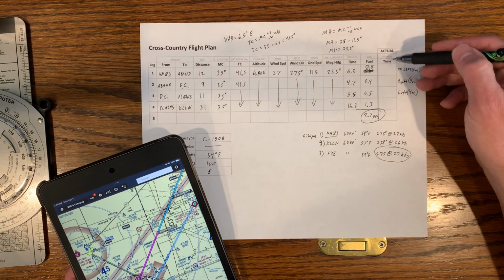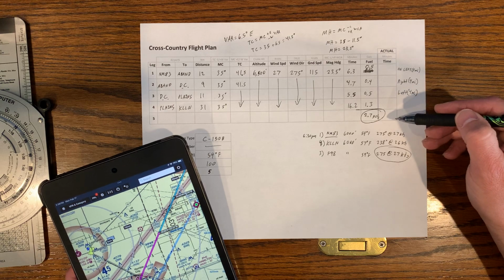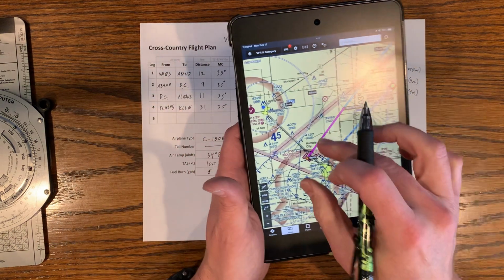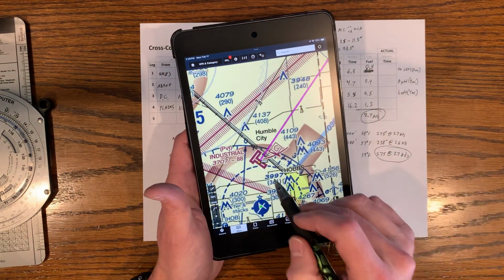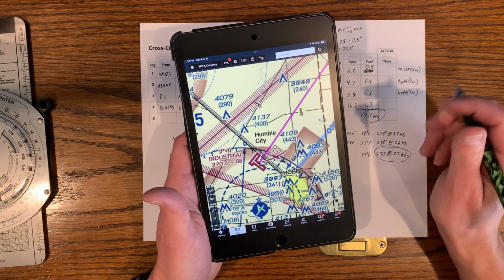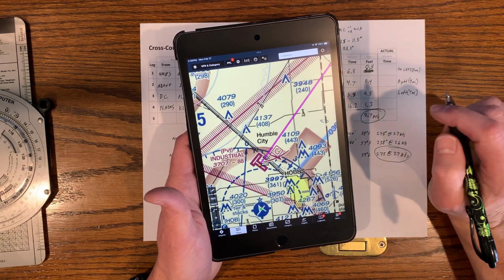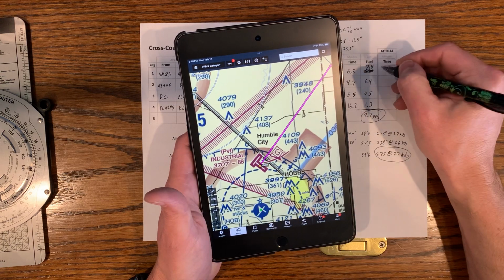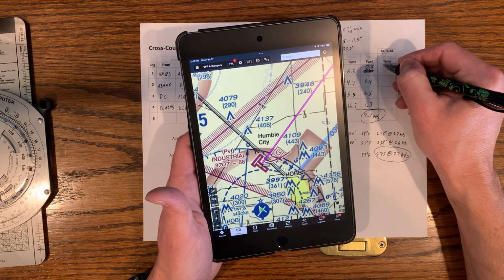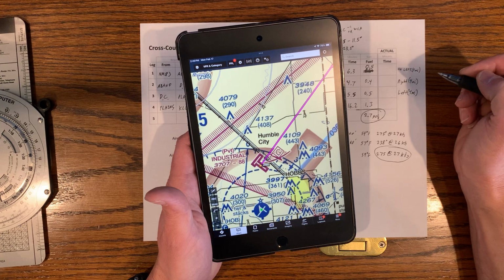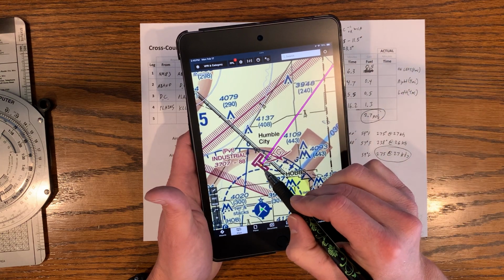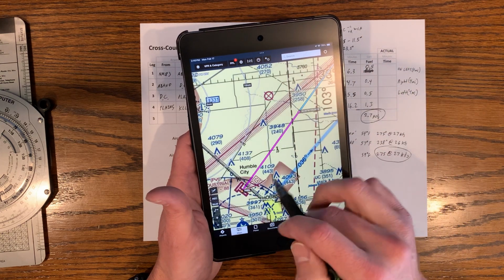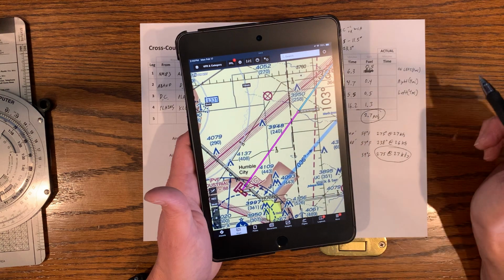Now the last one is this actual column. So we take off, all right? Right when you take off, you note the time, or even better yet, you start a timer when you take off. But you could also just note the time. You could say, 6 o'clock, I took off, and started flying. You take off and you start flying on your heading.